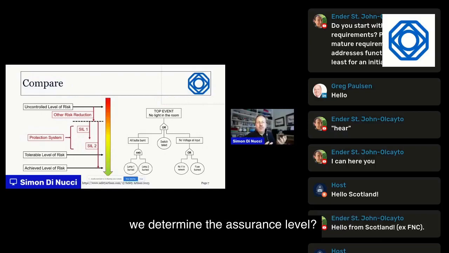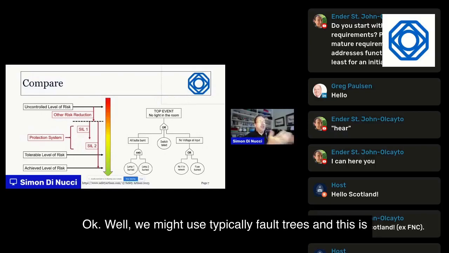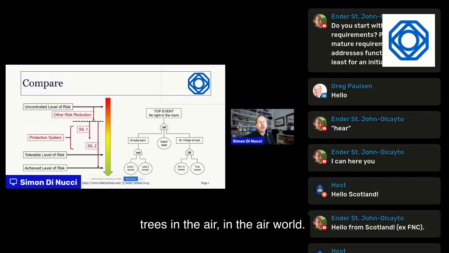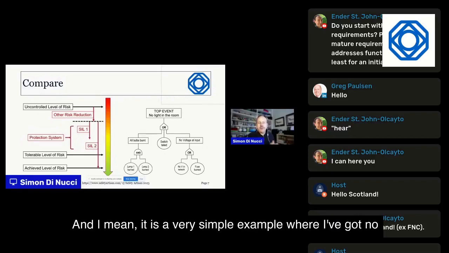And how might we determine the assurance level? Well, we might typically use fault trees, and in the air world you'll often see enormous quantitative fault trees. Here's a very simple example.